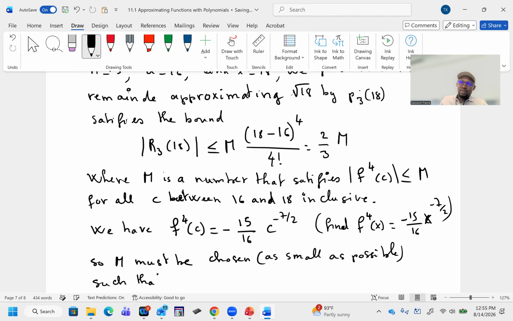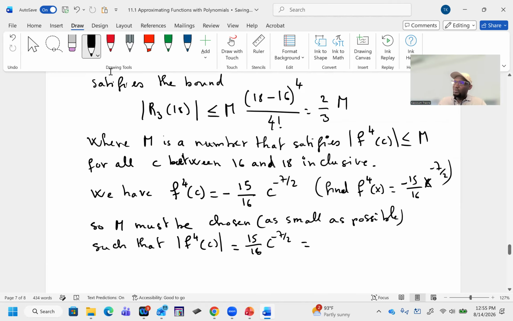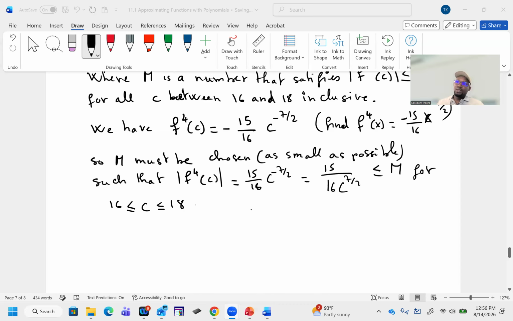Such that the absolute value of the fourth derivative of f at c, which is equal to 15 divided by 16 times c to the power of negative 7 over 2, should be less than or equal to M for 16 less than or equal to c, and c less than or equal to 18. Or you can verify that.